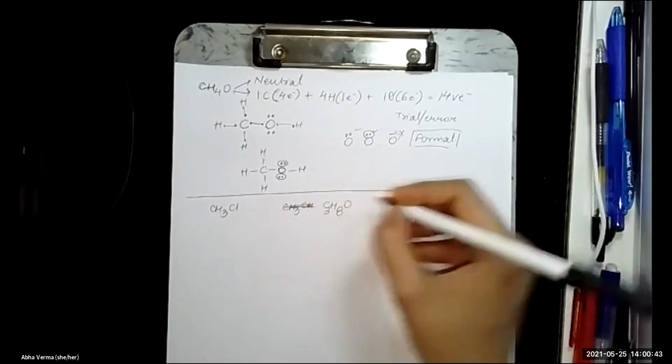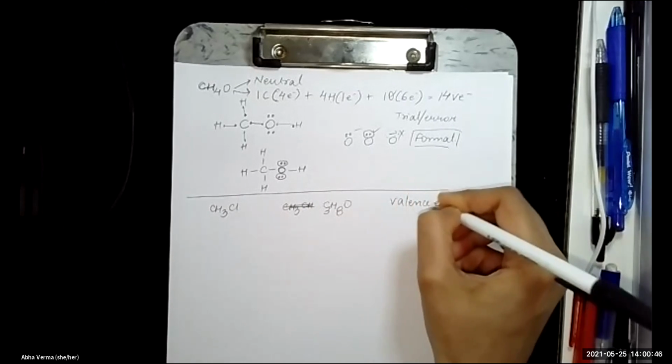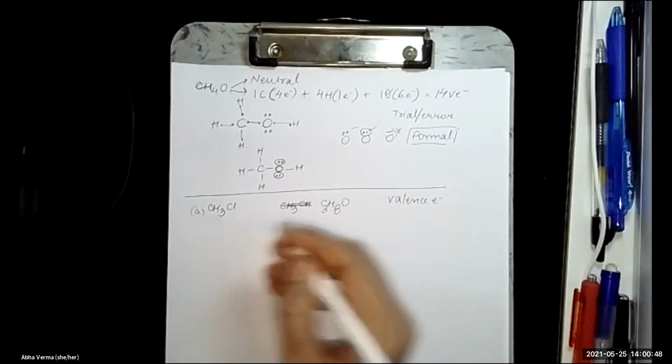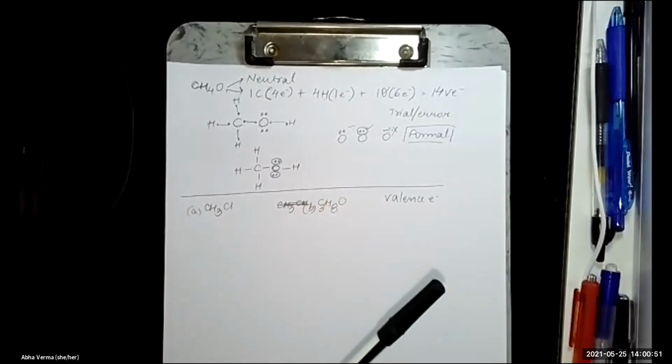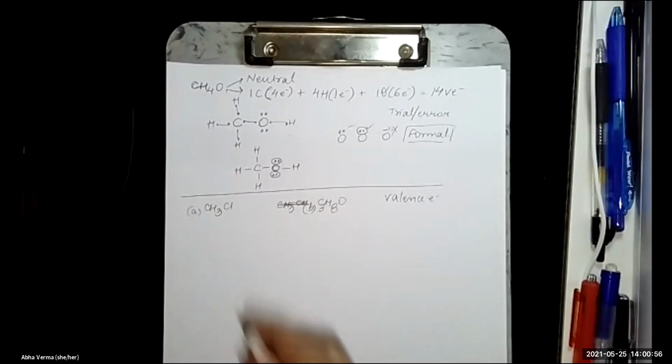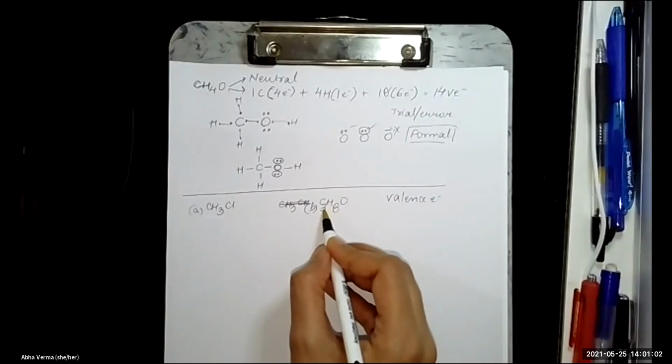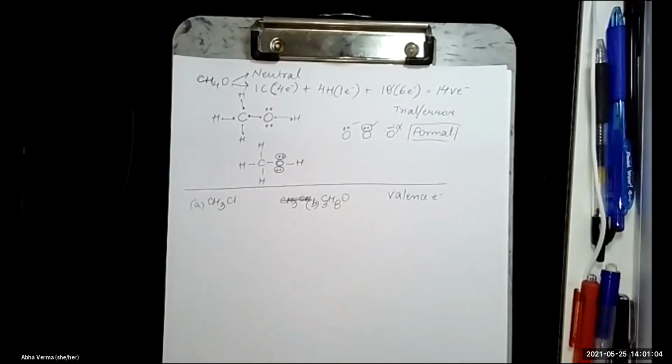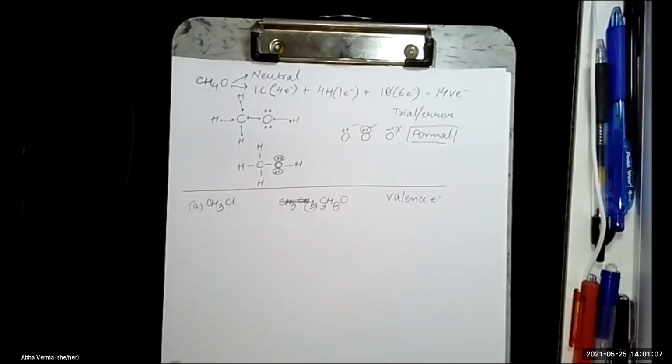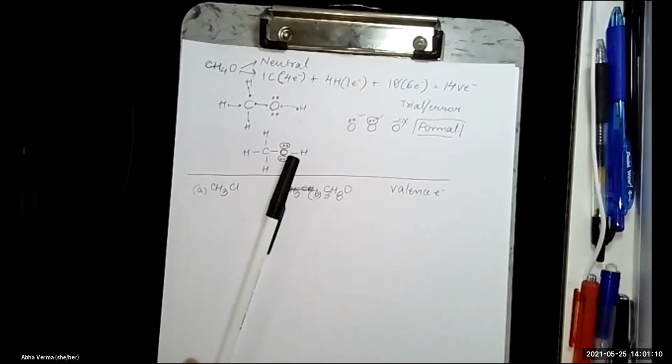I want you to write the valence electrons in structure A and in structure B. So this is CH3Cl and this is C3H8O. I'll give you the next 3 minutes to solve it on your own, and then I'll call out some of you.